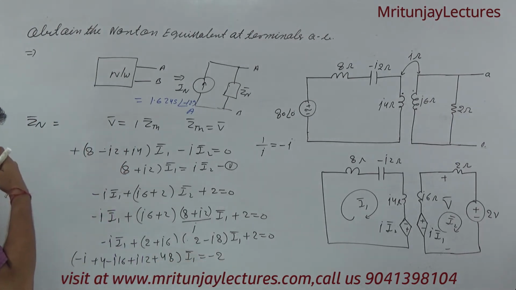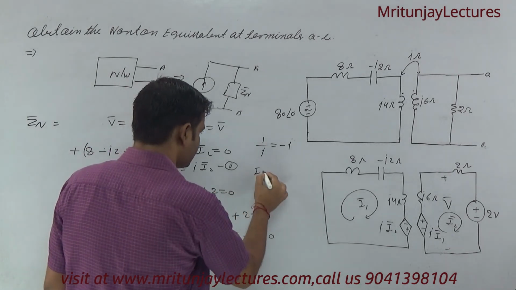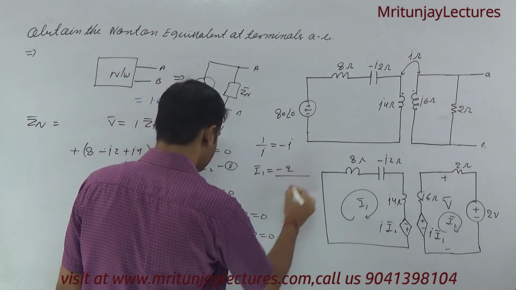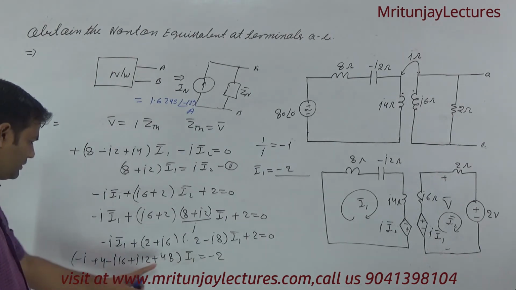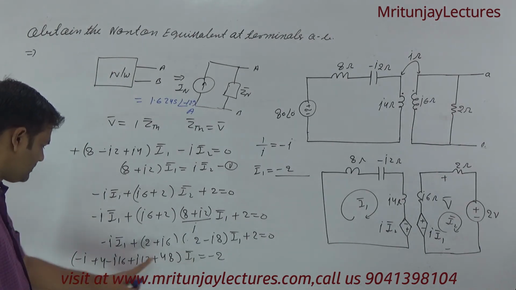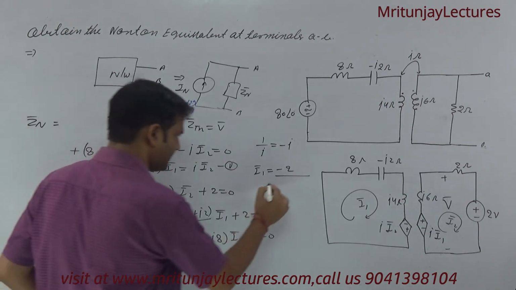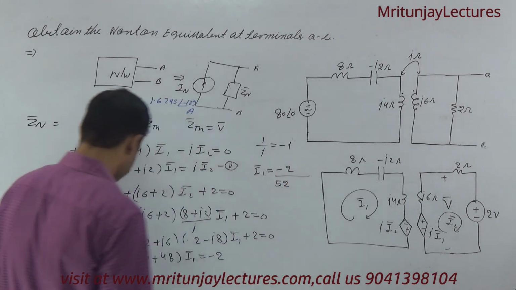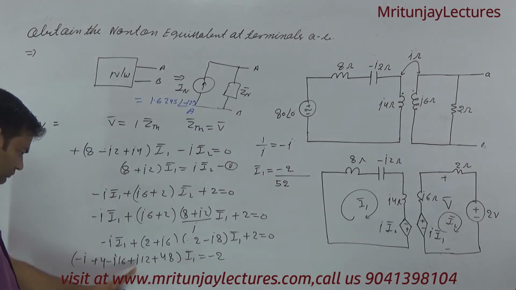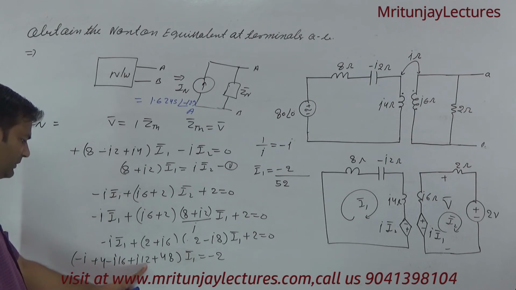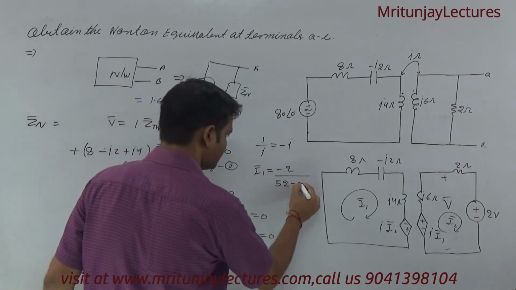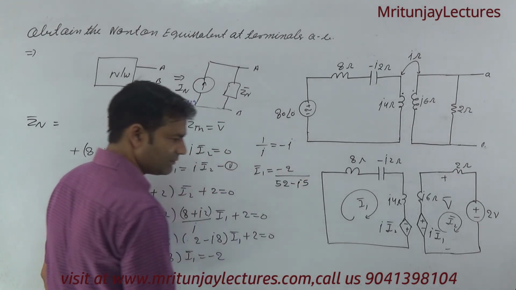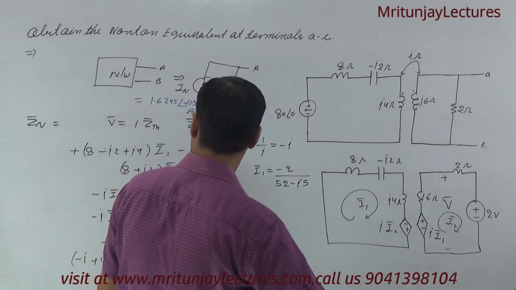Clear? So I1, this will be equal to minus 2 divided by 48 plus 4, 52. Okay. Minus 4 and minus 1, minus 5. This is I1. Clear? This is I1.